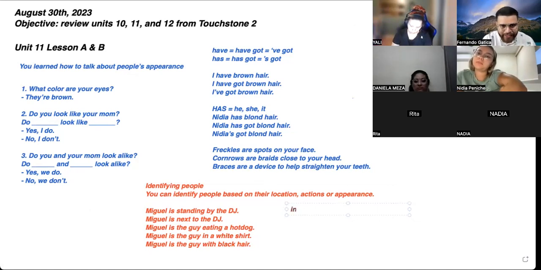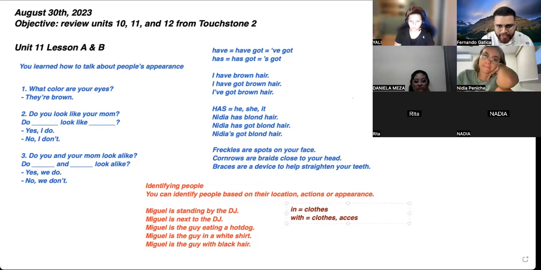So look, in is only for clothes. Only for clothes. And with is for clothes, accessories, or hairstyles.